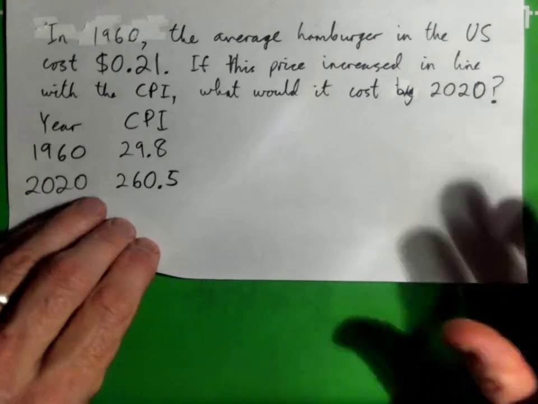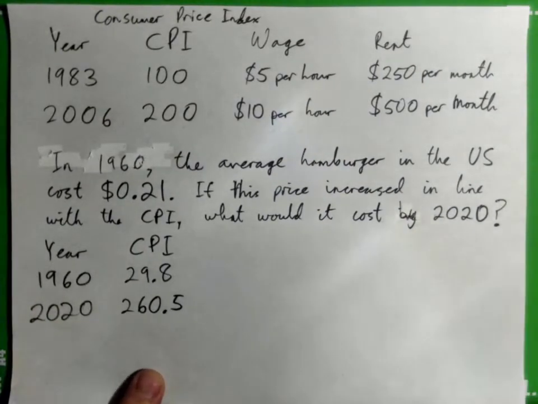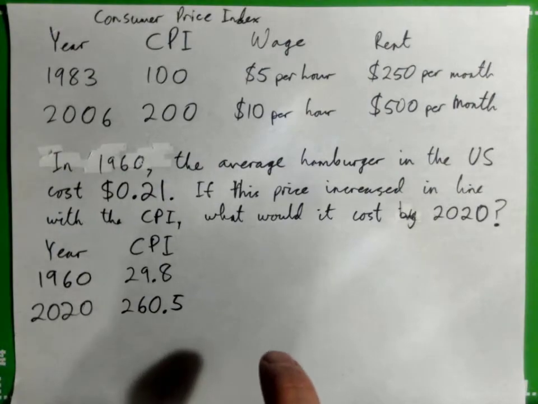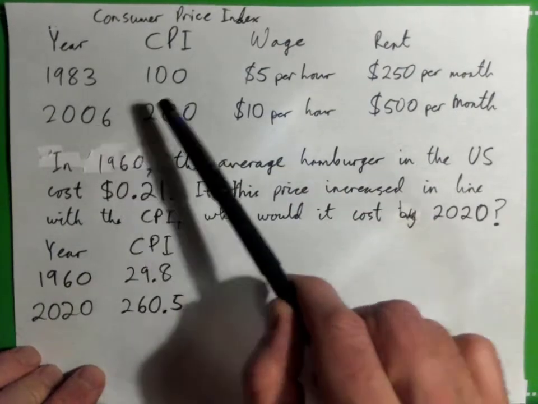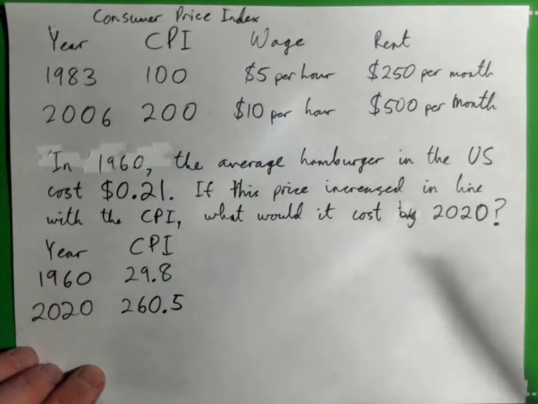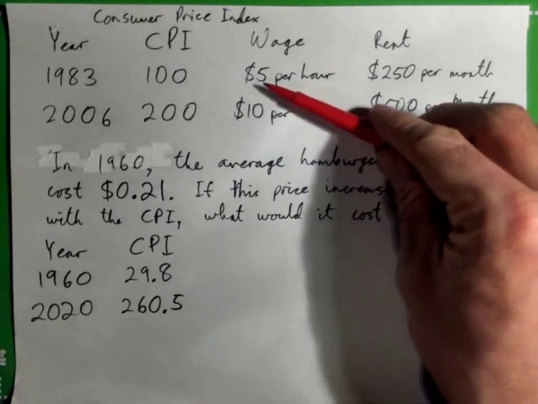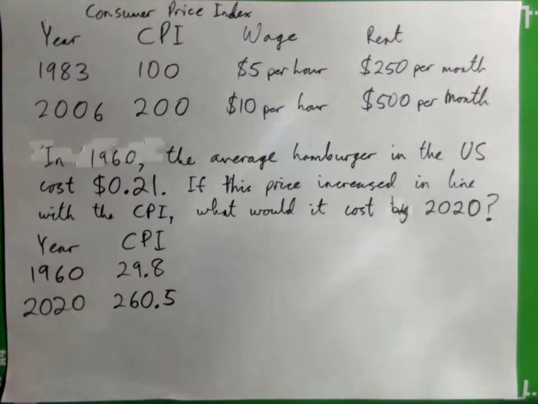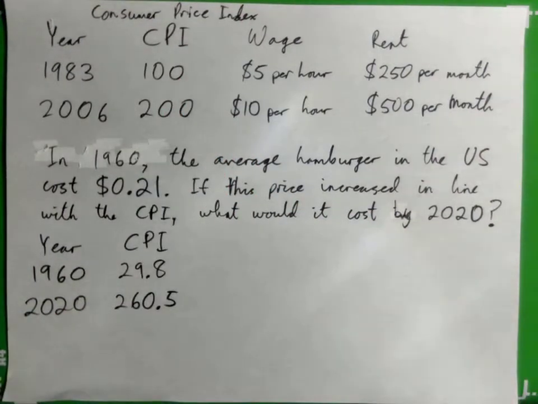So let's reference the previous easy example. We were looking at things that increased from 1983 to 2006. The CPI was roughly 100 and 200, and we said, oh, it just doubled. But how did you get that double? What did you do to figure out that it doubled?